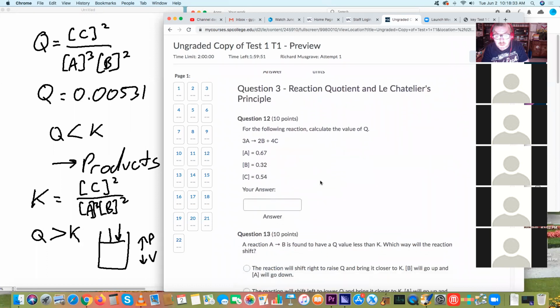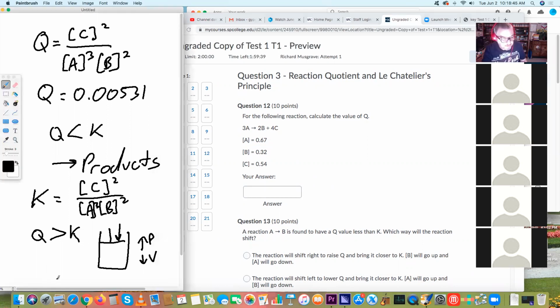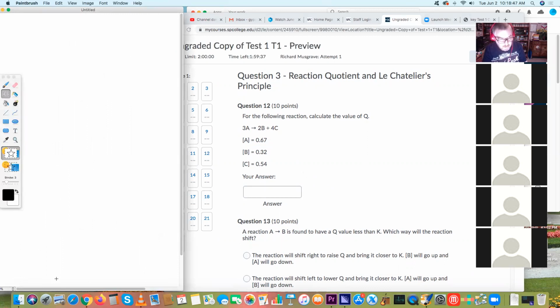Okay, and here we go. So number 12, calculate the value of Q. So for this one, let me erase what I've got over here.